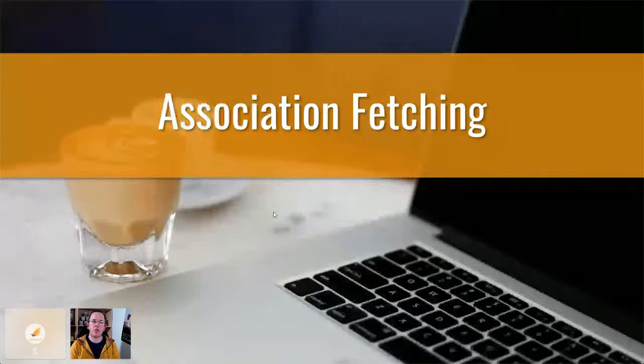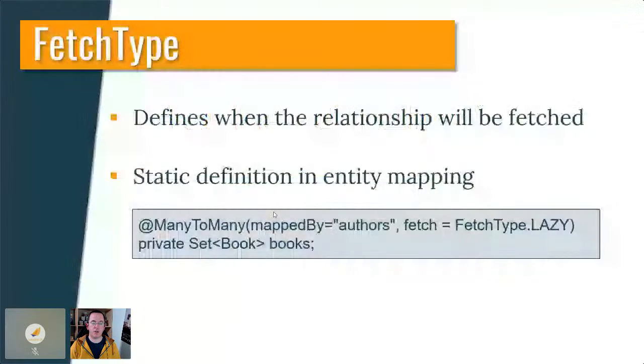The automatic handling of these associations hides a lot of complexity from us as a Java developer. At the same time, it introduces a high risk to mess things up and to actually break something performance-wise. So let's talk about the fetch type first.